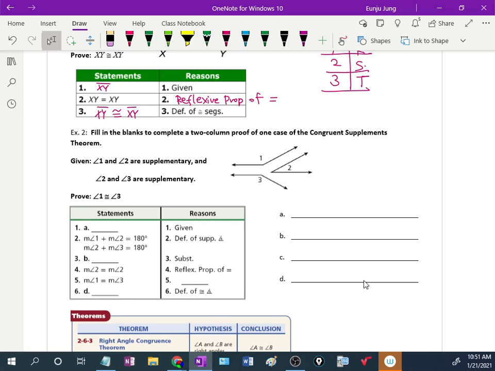Step 2. Measure of the angle 1 and measure of the angle 2 is same as 180 degrees. And measure of the angle 2 and measure of the angle 3 is 180 degrees. Are we talking about both of them? Yes, so I need to copy whole thing and I need to put over here, right? Make sense? Yeah, so we start with the given.